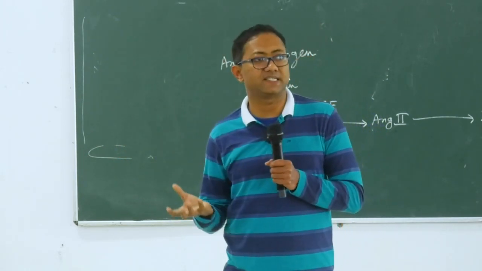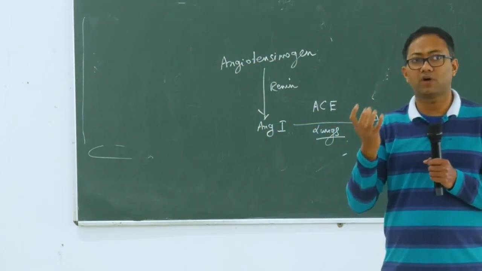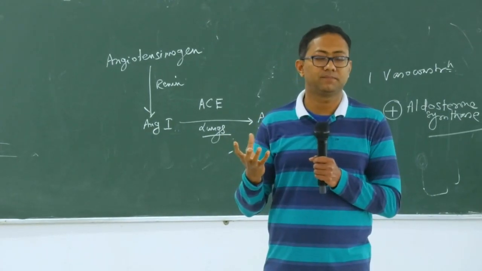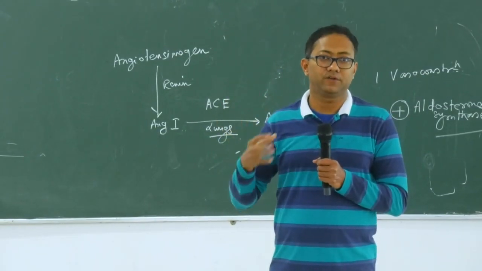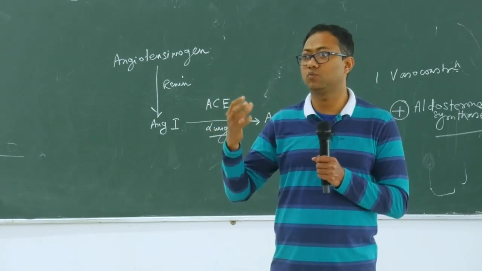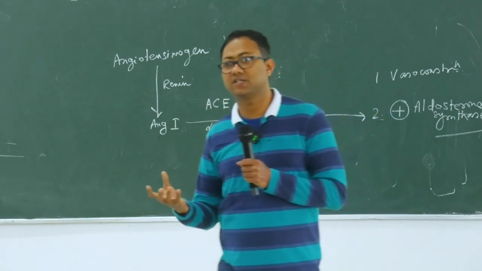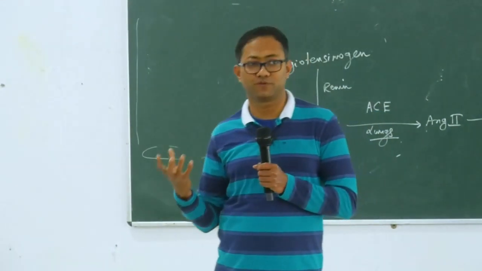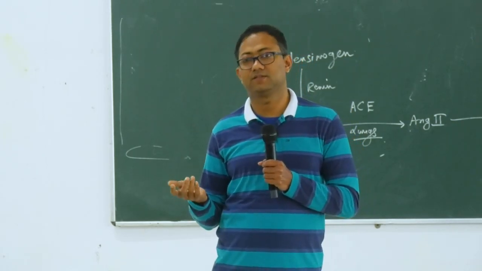due to volume excess, heart walls are stretched, particularly atria. Atrial walls are, due to volume overload, stretched, right? And due to this stretch, there is secretion of one hormone, ANP or ANF.